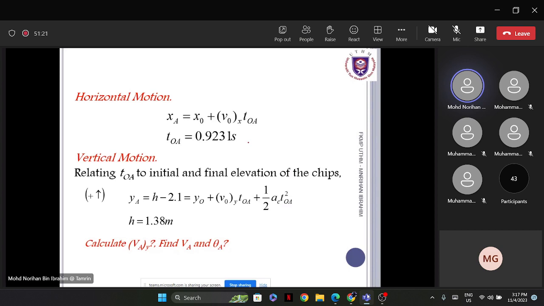So TOA is equal to 0.9231 second. You substitute the relevant information into this equation, and at the end you get TOA equal to 0.9231 second.